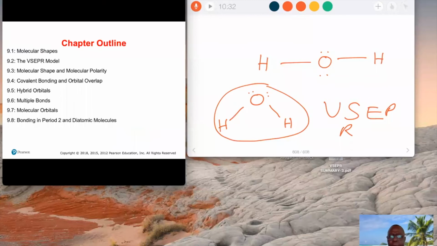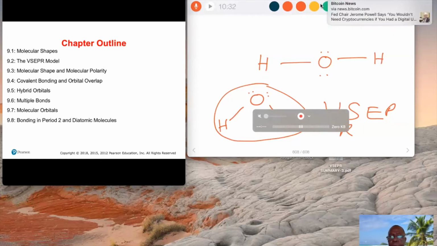The reason we are interested in shape is that the shape of a molecule affects its physical and chemical properties, right? Why does this molecule dissolve in this substance, and why does this molecule react the same way as this one? It is because of the molecular geometry.